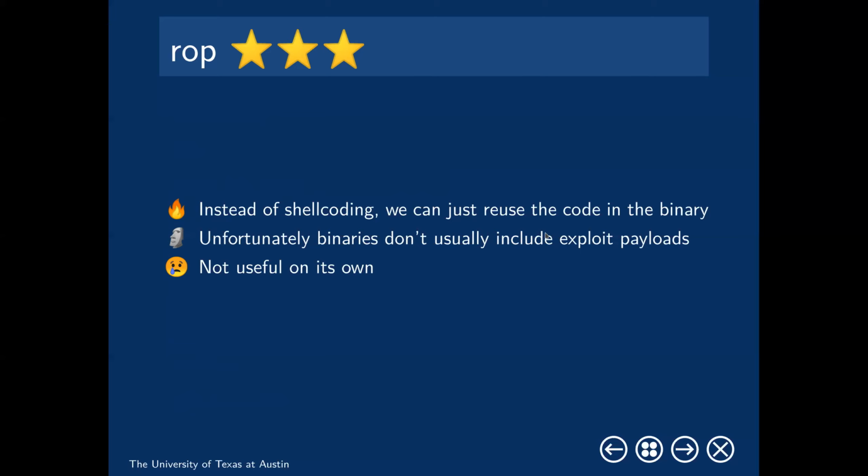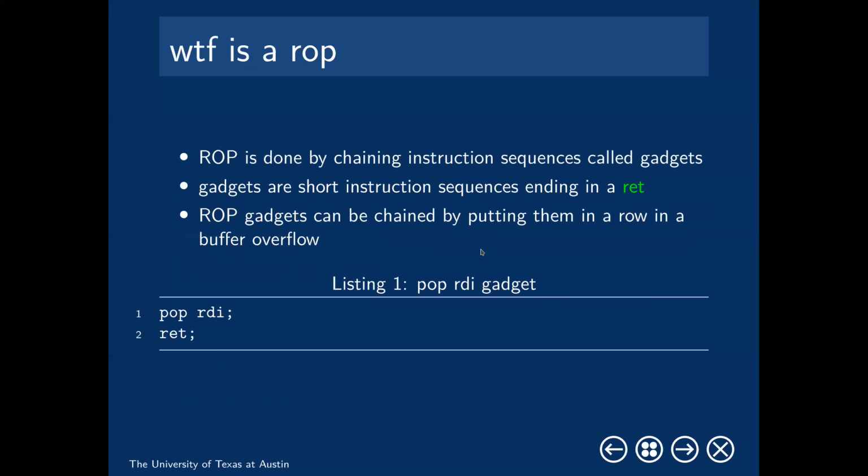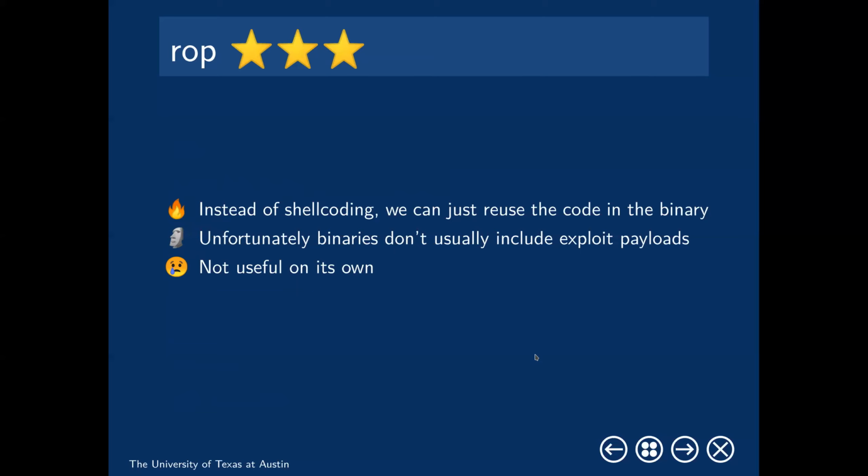It's very much up to what code exists in the binary and other factors. What we can do is use ROP to enhance our other techniques. In a minute, we'll talk about how we can use ROP to make shellcoding work again.